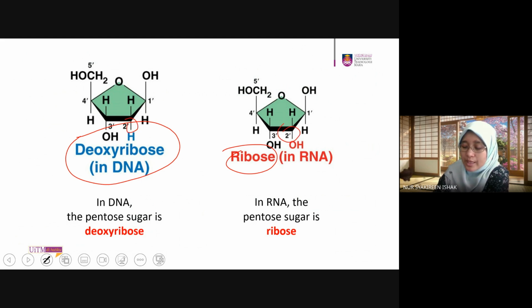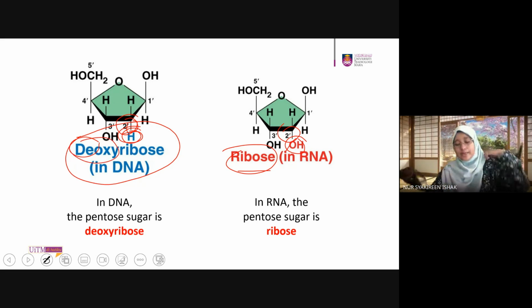Carbon number 2 of ribose has a hydroxyl group. For DNA, at carbon number 2, it only has a hydrogen atom. Deoxy means the oxygen is removed, left with only hydrogen. So this is the sugar in DNA and also RNA.